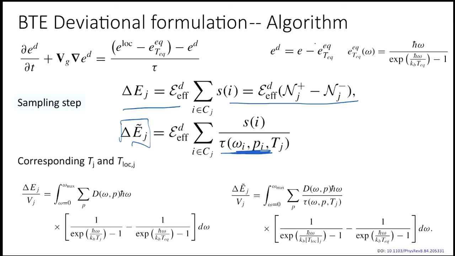So again, we would define exactly the same way the pseudo energy, delta E bar j, equal to epsilon D effective times the sum of Si divided by tau of omega i, polarization pi, by Tj, where i belongs to Cj. Basically, we are covering all such cells, all the cells are taken care of.